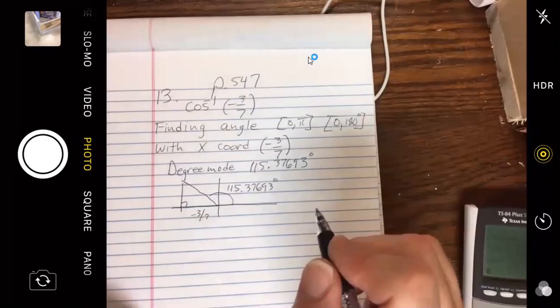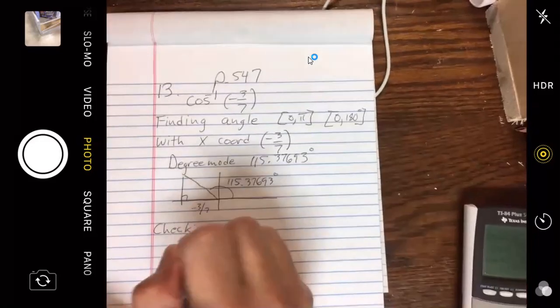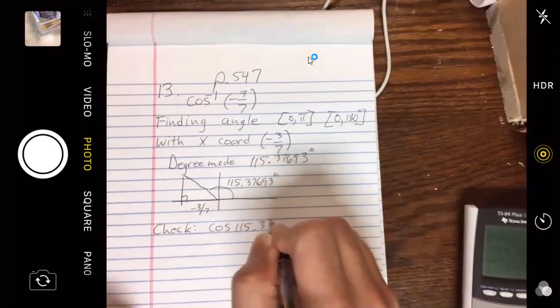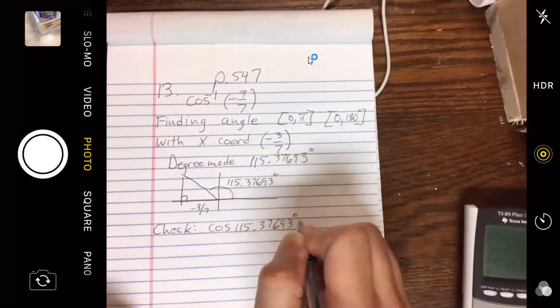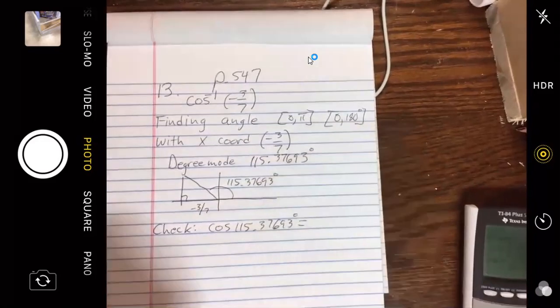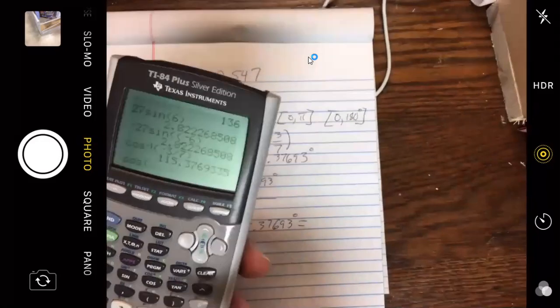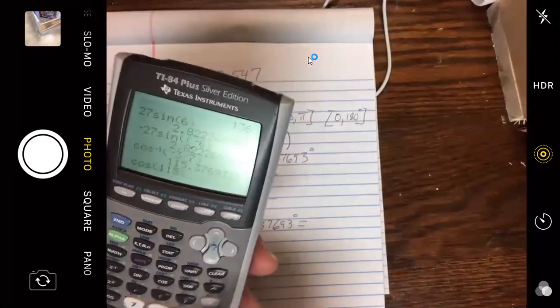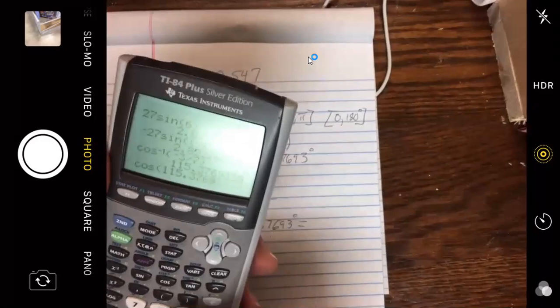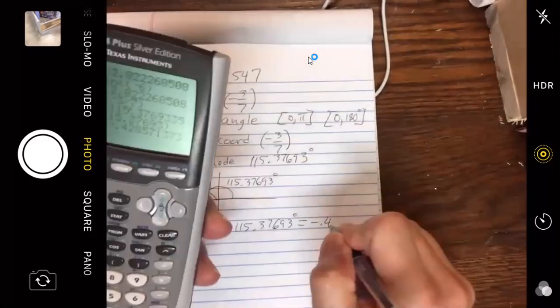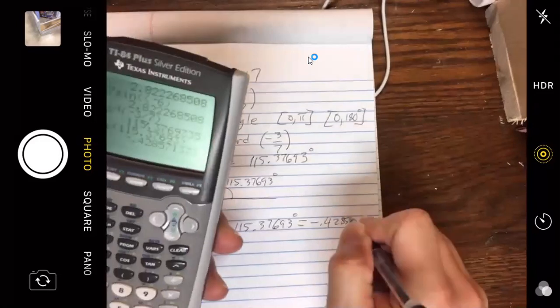If you wanted to check, you took the cosine of 115.37693 degrees and get -0.42857137.